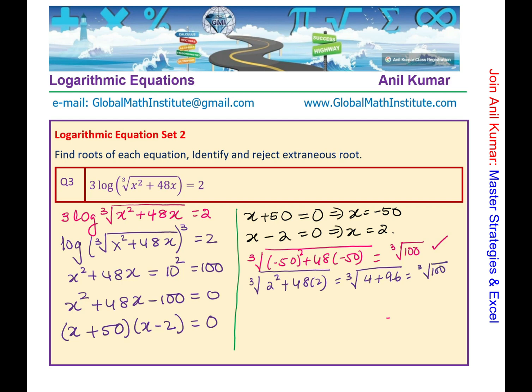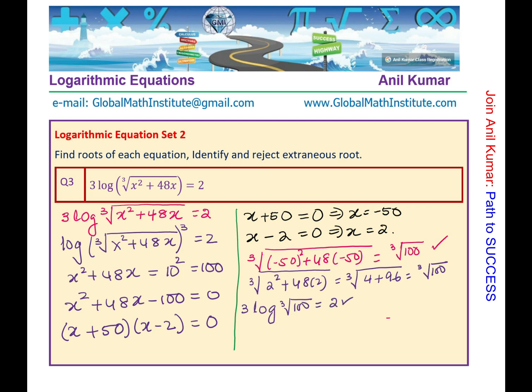So the cube root of 100 really works, since you know that 3 times log of the cube root of 100 is indeed equal to 2. Perfect. And therefore, the solution is x equals minus 50 and 2. Absolutely clear, right? So, in the first three questions, we really did not find any extraneous root.